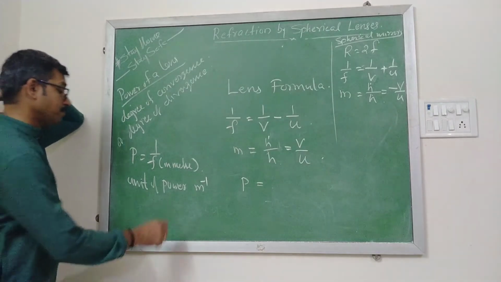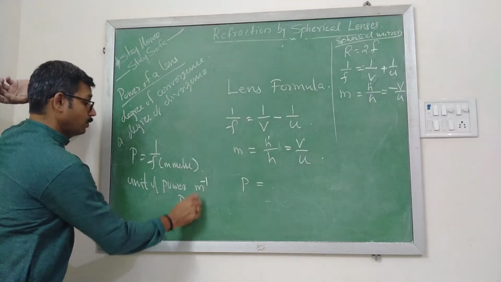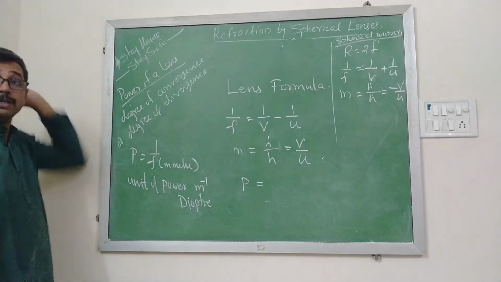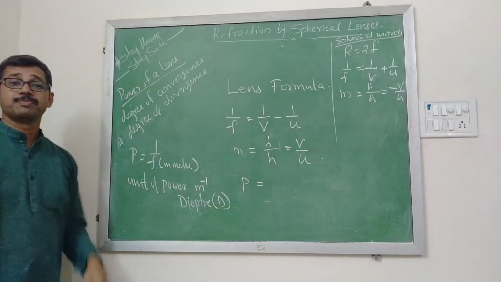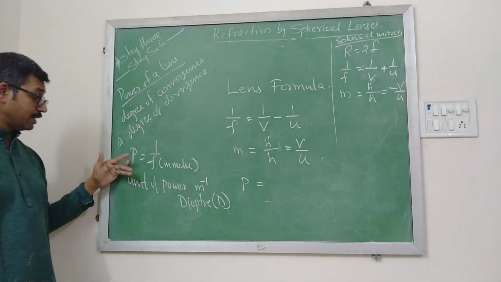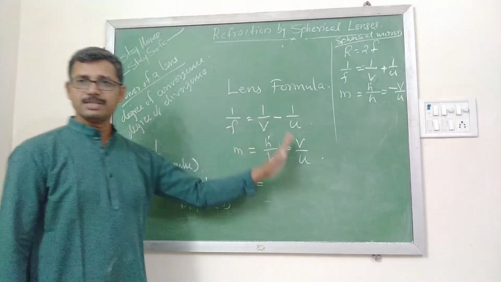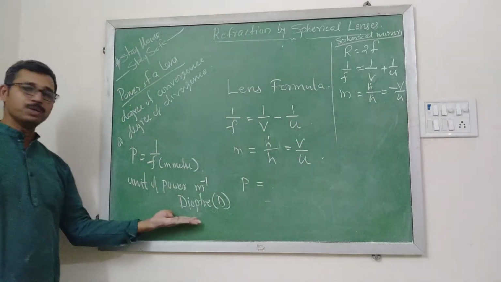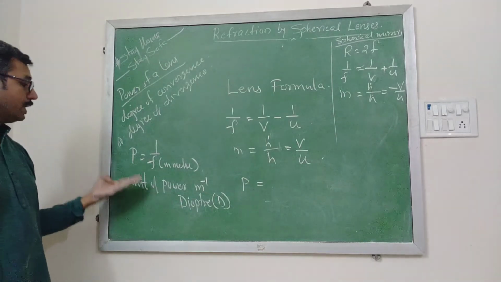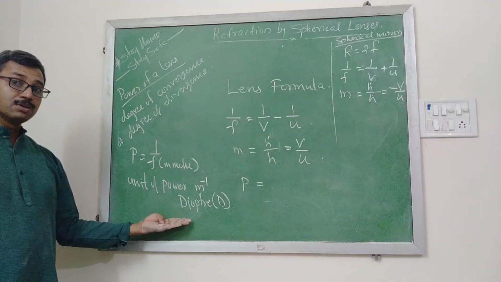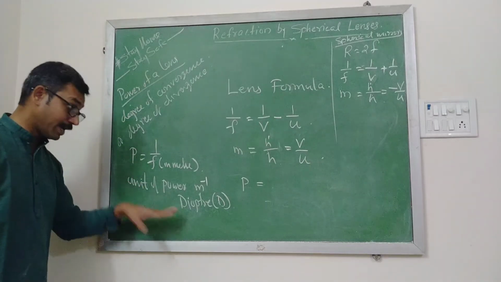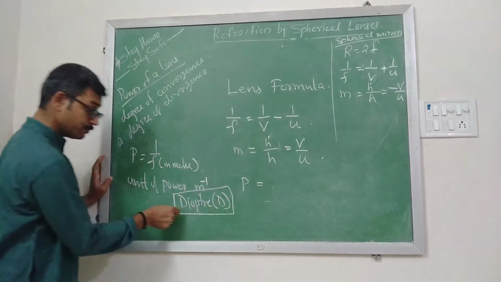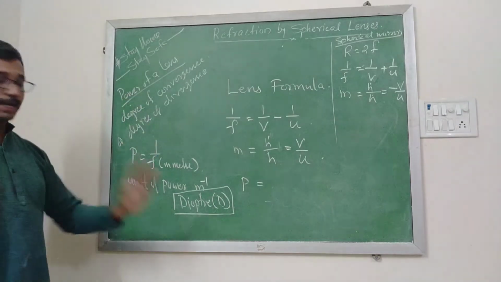In the SI system it is also represented by diopters, and diopter is represented by D. This is a new term, that's why it is especially told about. A diopter is the unit of power.